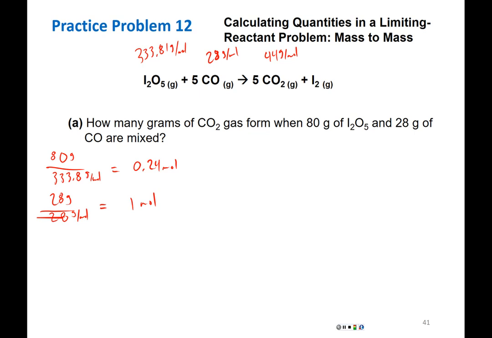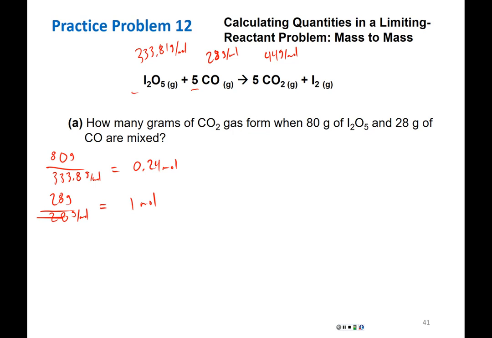The next step is to determine which of these is limiting, right? And you can't simply look at it and say, okay, I2O5 is a smaller number, so it's limiting, because we need to look at the ratios in the chemical equation. So the easiest way to do this is to determine how many moles of CO2 can be produced from each of these numbers.